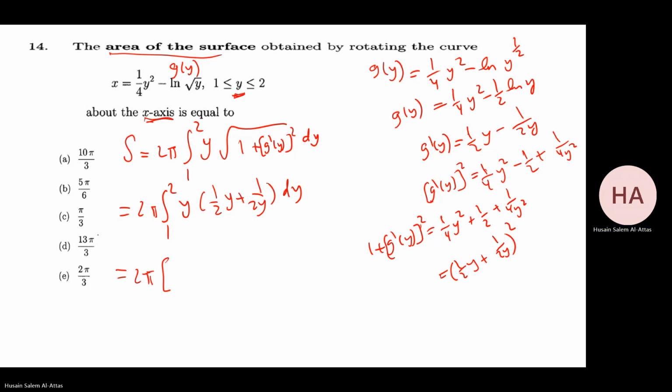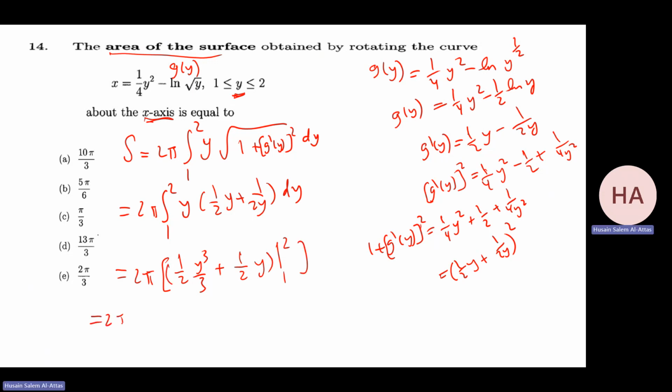Half y squared gives me what? Half y cubed over 3 plus, this is half, it will be half y. This is, I want it from 1 to 2.